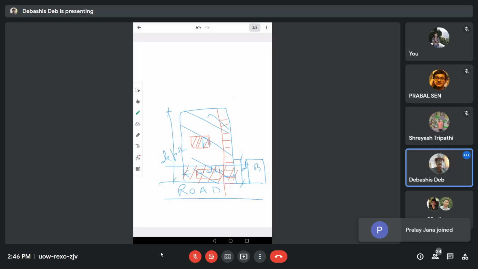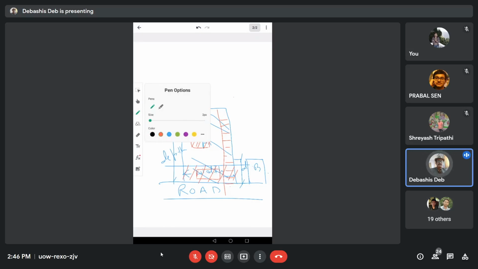So what I want to say is that the valuation of the entire plot will not be the same. The valuation of this area will be more than this area.